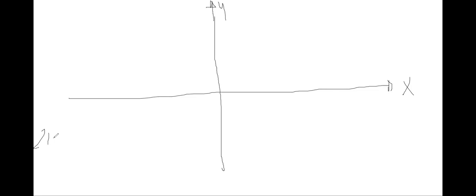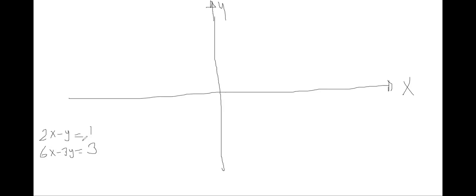So the system is 2x minus y equals 1. Then we have 6x minus 3y equals 3. This was the system, and we want to graph this.